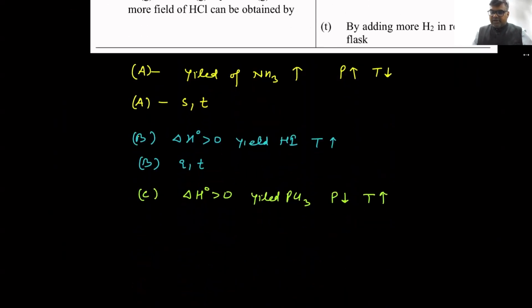So be careful here, hydrogen will act as an inert gas. Don't get confused, because inert gas doesn't mean only helium, neon, argon, krypton, xenon, radon. In equilibrium, inert gas means a gas which will not react with any of the reactants or products. So for this case, our options will be P, Q, and R. I hope it is clear.